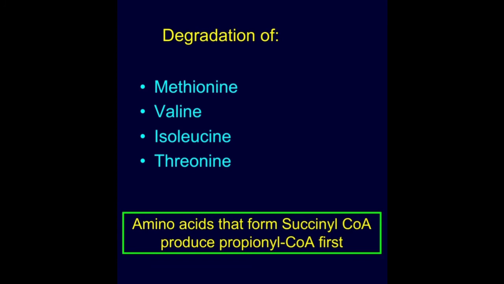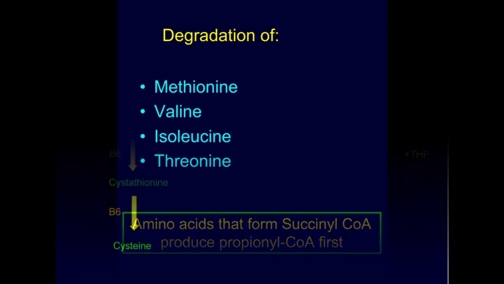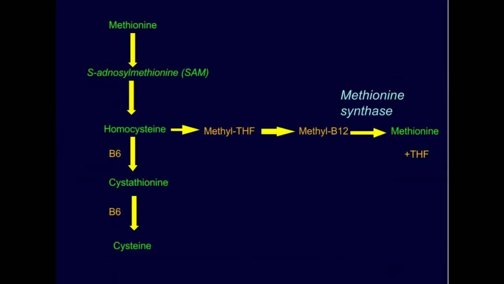Okay? So actually, before I go to that, let me remind you of what we did last time. Here's homocysteine derived from methionine. It's going to be converted back to methionine by methionine synthase, and it needs in succession methyl tetrahydrofolate first, giving the methyl group to vitamin B12, also called cobalamin, methylcobalamin.